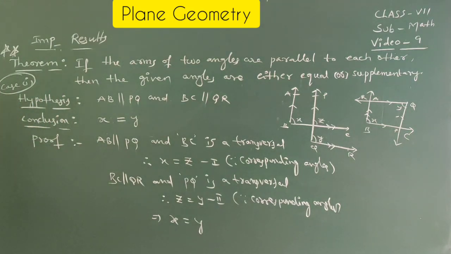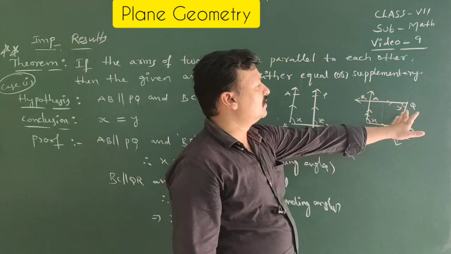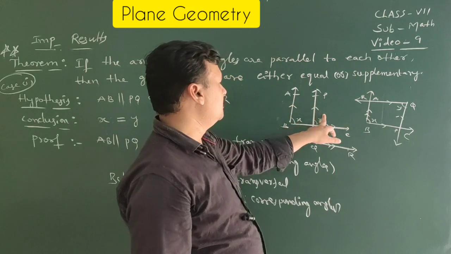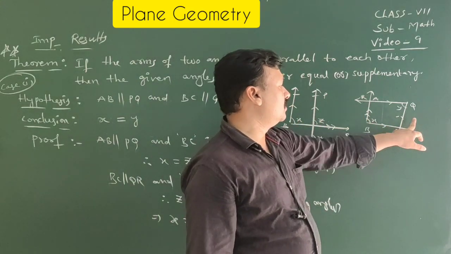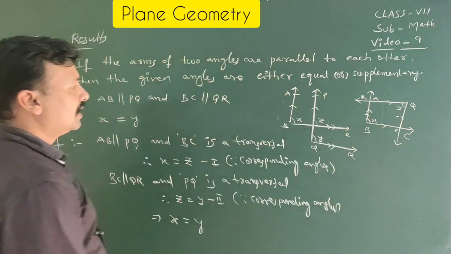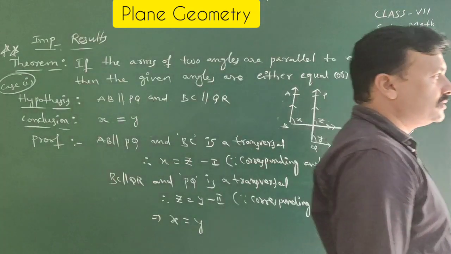The arms of two angles are parallel to each other. Here AB and PQ, and BC and QR are parallel. In that way also we can draw. Both figures show the same picture. This is case 1 only.